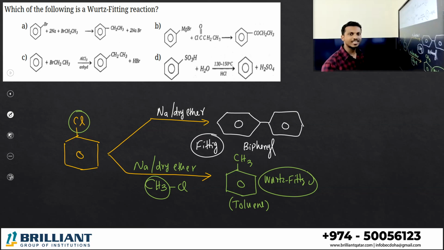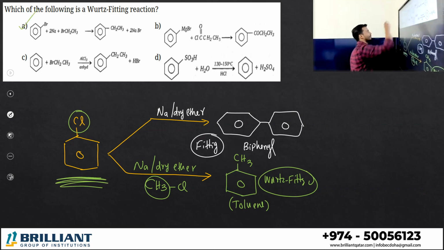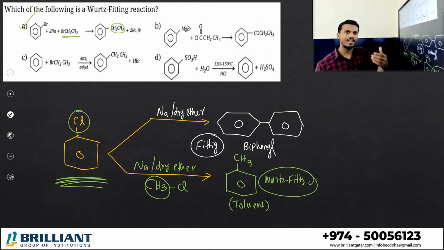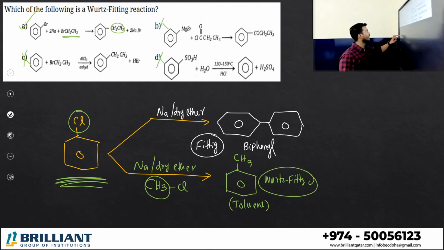In Wurtz-Fittig reaction, what is the starting material? A haloarene. Option A. See, bromobenzene treating with the sodium in presence of ethyl bromide. So what group is coming here? Ethyl group. That alkyl group comes instead of the halogen. That's what happened. No, this is not that. This is benzene, no halogen. That's Wurtz-Fittig reaction.